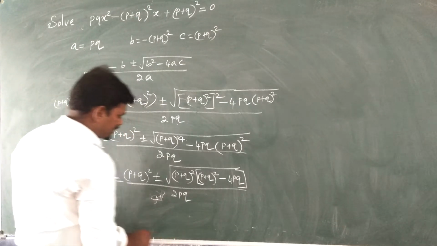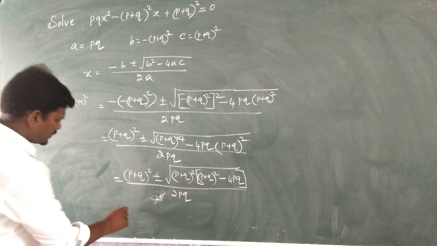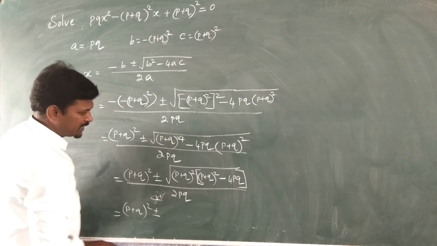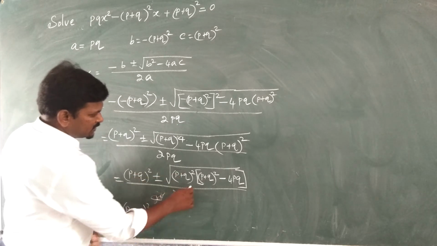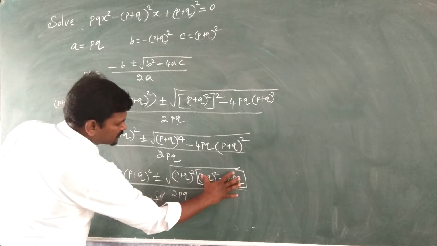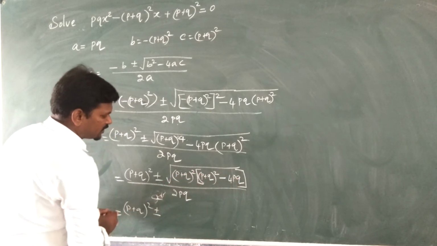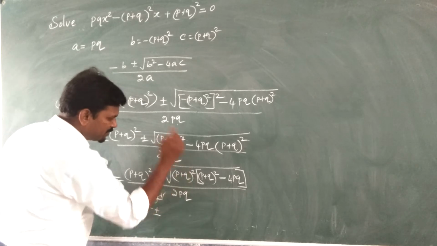So now what are we going to do: (p plus q) whole square plus or minus, this is the product of two terms. This term is a perfect square, so the square root and square can be removed.